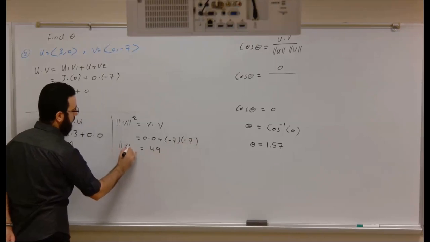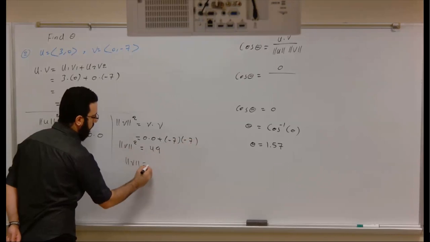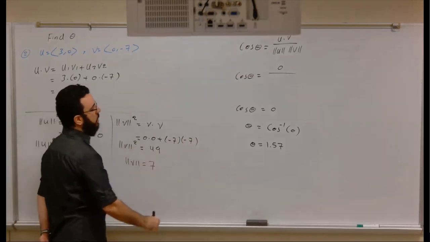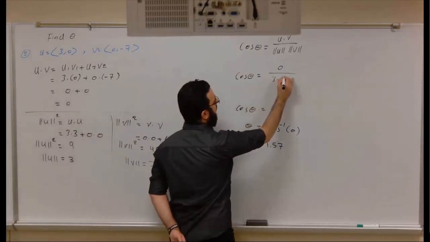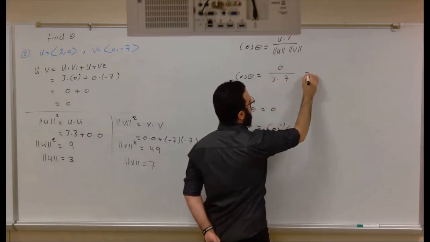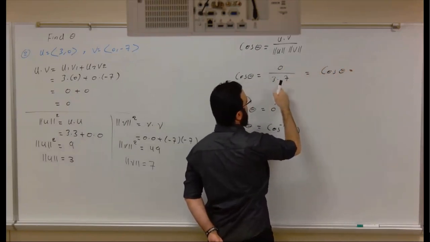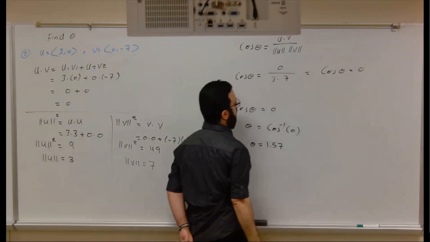The length of v squared is 49, so the length of v is going to be 7. So when you plug in 3 times 7, it's still cosine theta equals 0 divided by 21, which is 0.